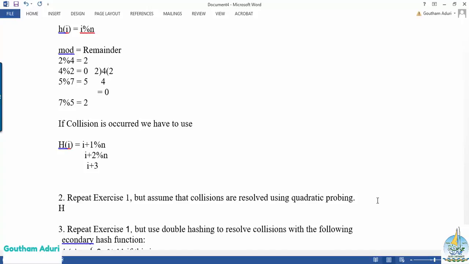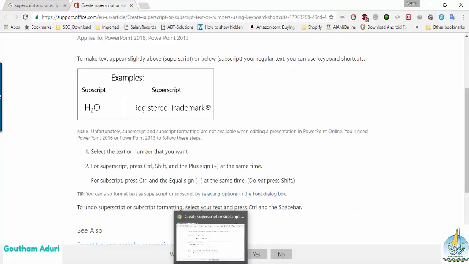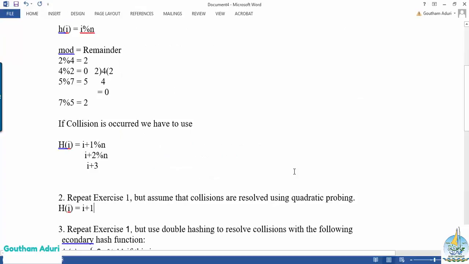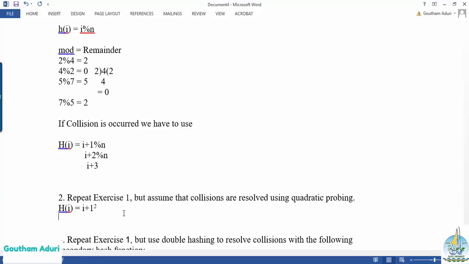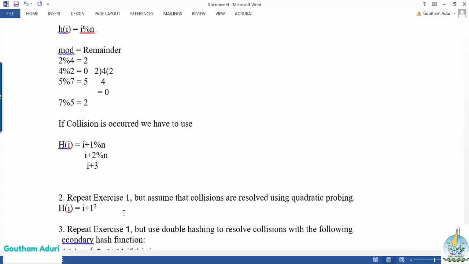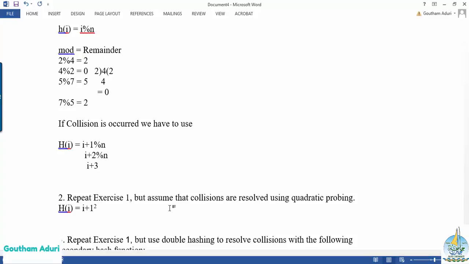So h_i is equal to (i + 1 squared) mod n, or you can say (i - 1 squared) mod n.